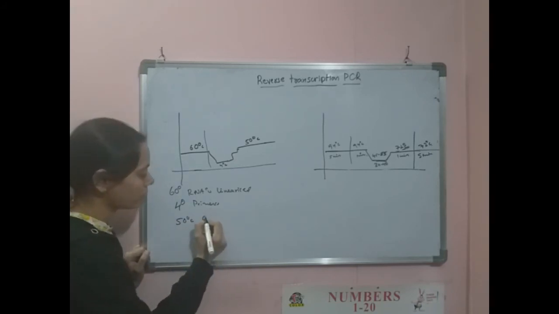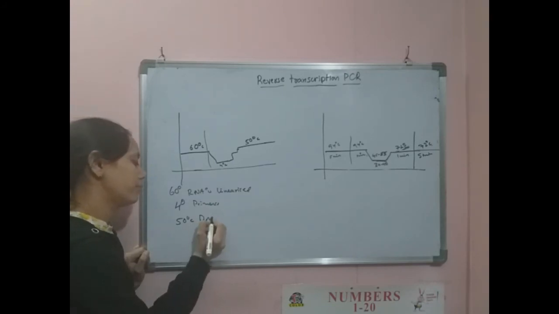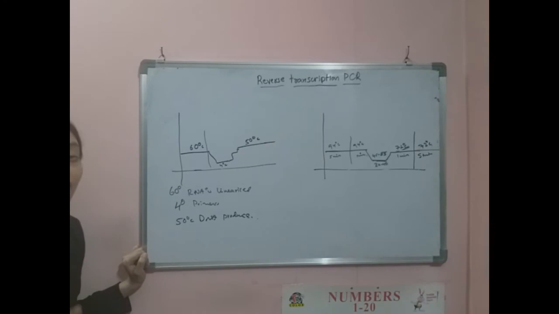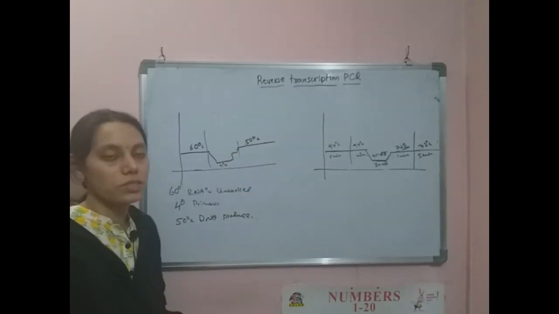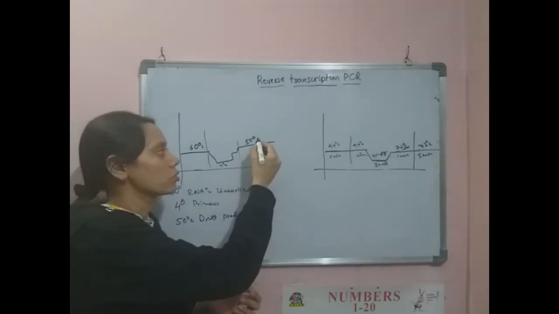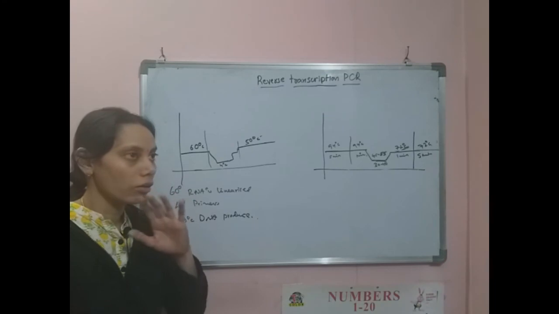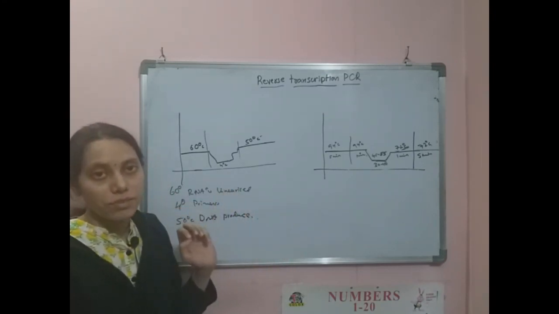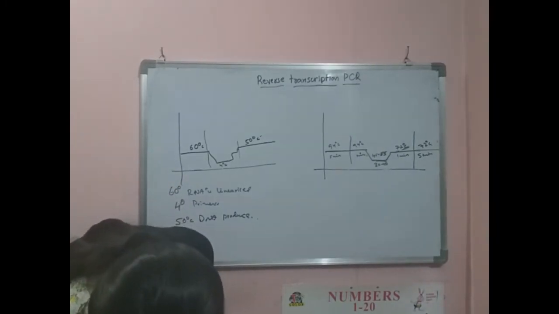That means DNA is produced from the RNA. That is the actual reverse transcription process. Based on advanced enzymes like SuperScript, here we are going to use the high temperature of 50 degrees centigrade. Otherwise some of the enzymes work at only 37 degrees.